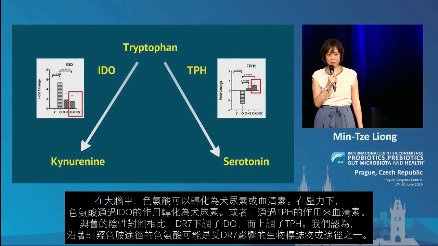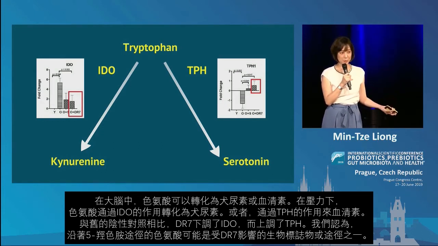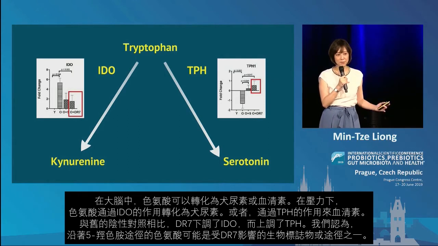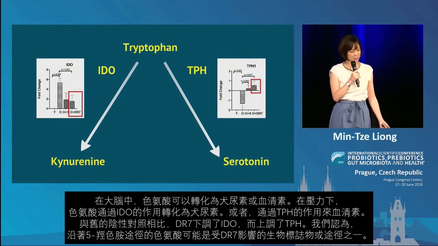However, when it comes to the serotonin pathway, we did see something in the animal studies. In the brain, tryptophan can be converted to kynurenine or serotonin. Under stress, in many instances, it has been found that tryptophan was converted to kynurenine via the actions of IDO. If tryptophan is converted to serotonin, it goes through the actions of TPH.